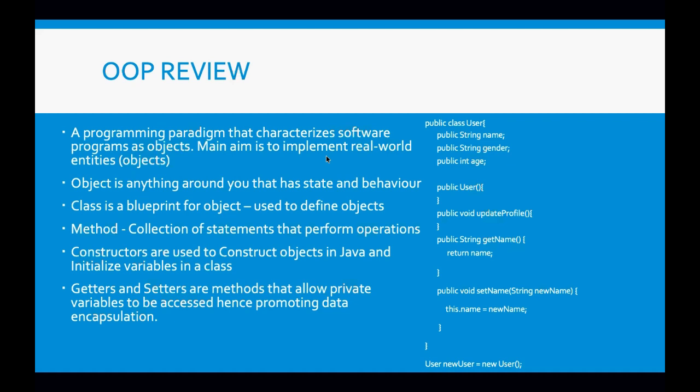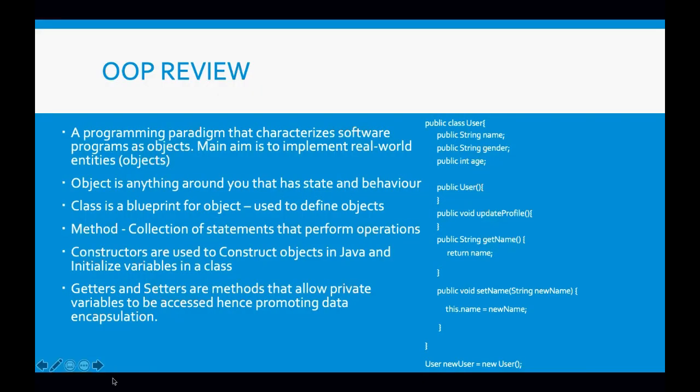And we also looked into constructors, which are a concept in Java that are used to construct objects and how you want your objects to look like. So you can have different kinds of constructor. You can have the one given to you by Java, or you can have the one where you define it yourself and you put what variables you want in the class.